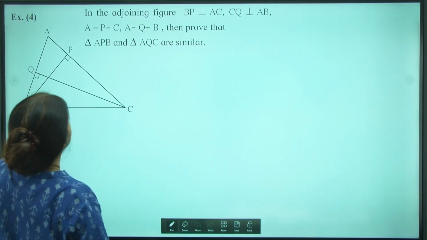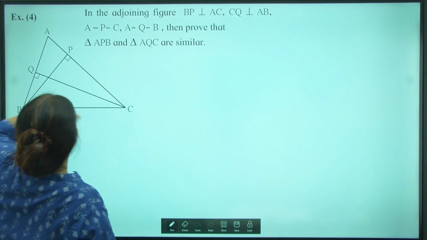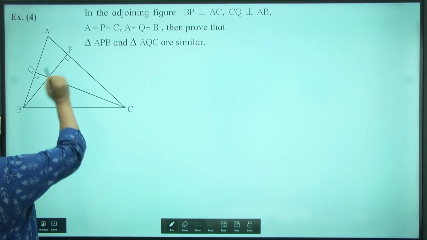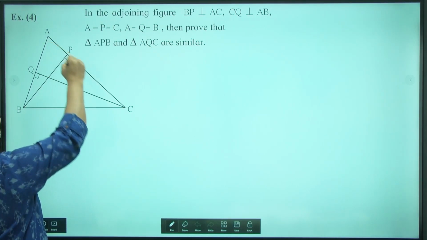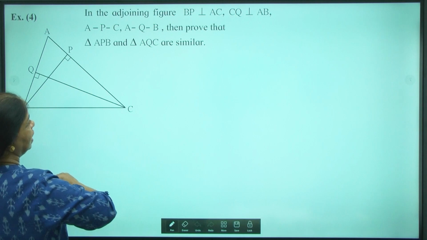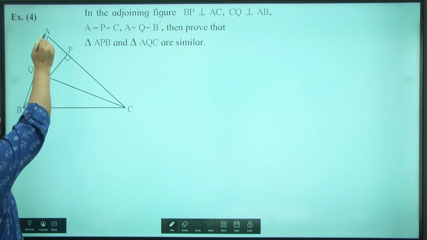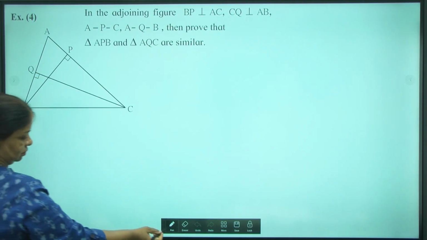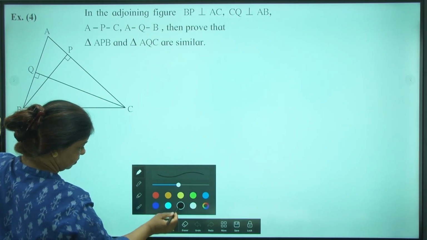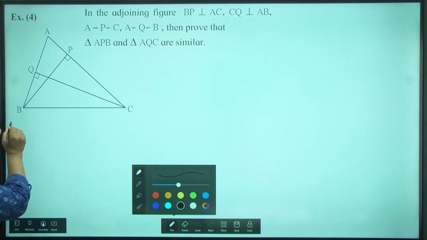Question 4. In the figure, BP is perpendicular to AC and CQ is perpendicular to AB. Let's begin the solution.